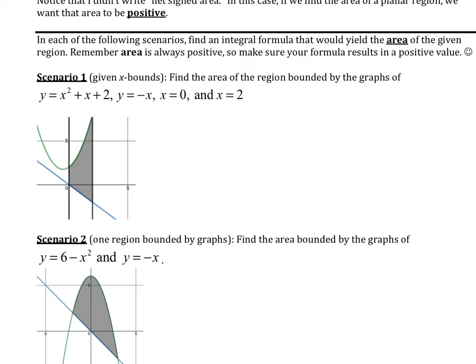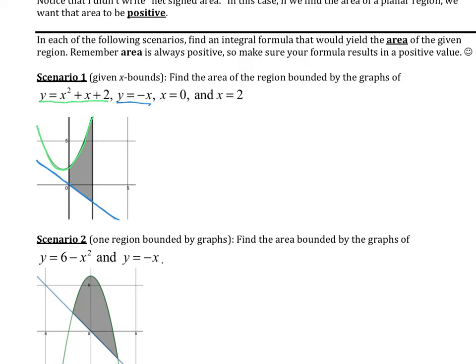Let me just highlight it a little bit better. So that's this area. And then we have y equals negative x, which is obviously this blue line right here. And then we have our x bounds from 0 to 2.